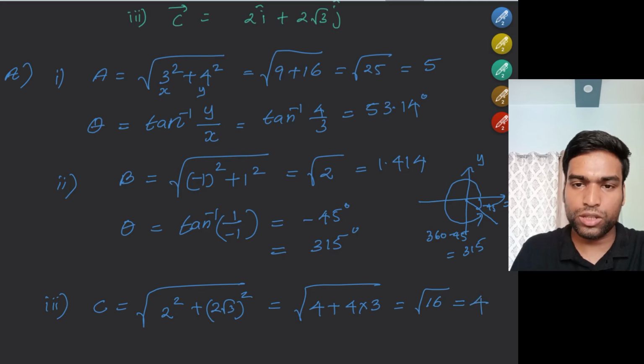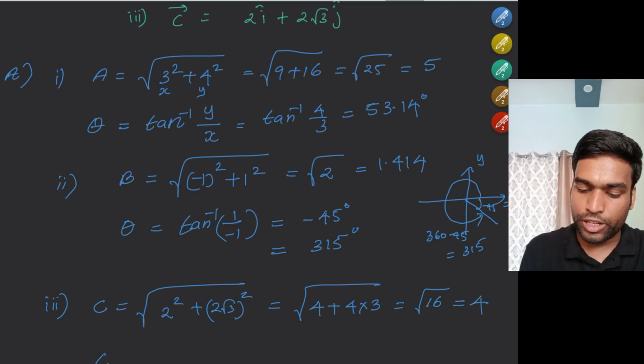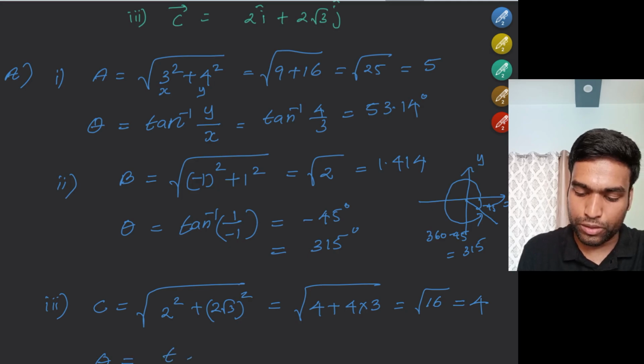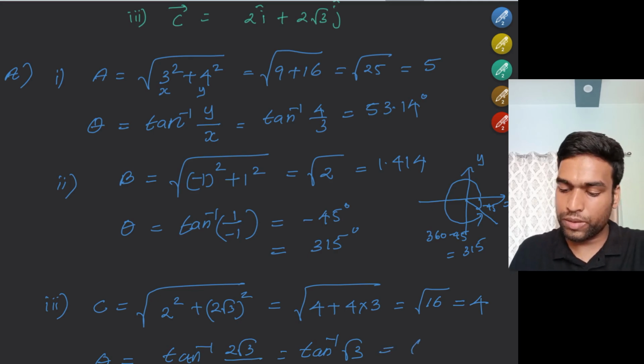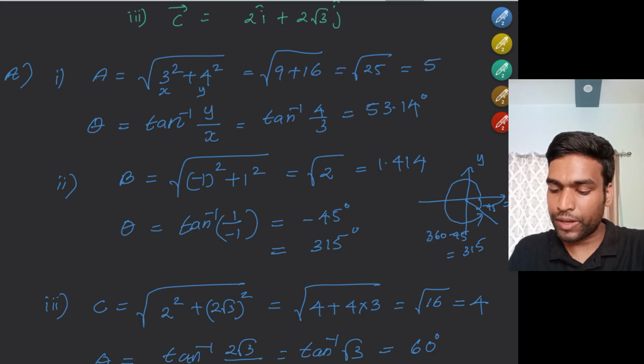So the magnitude is finally 4. Now the direction is theta equal to tan inverse 2 root 3 divided by 2. So tan inverse root 3, which is 60 degree. Simple as that.